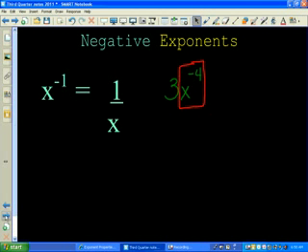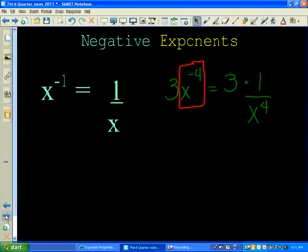If I could rewrite it, I would rewrite this as 3 times 1 over x to the 4th. Because every time you have a negative exponent, it's actually going to drop down into the denominator. And just that action of dropping it into the denominator is going to change that sign from negative to positive.